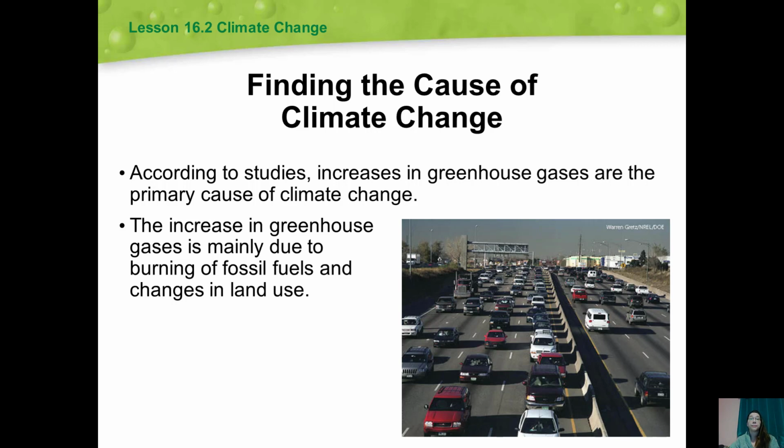Since then, scientists have continued to measure the levels of carbon dioxide every day at Mauna Loa around the clock. The data collected from Mauna Loa show that in 1958, the concentration of carbon dioxide was 315 parts per million, or ppm. In contrast, the concentration was 387 ppm in 2009.